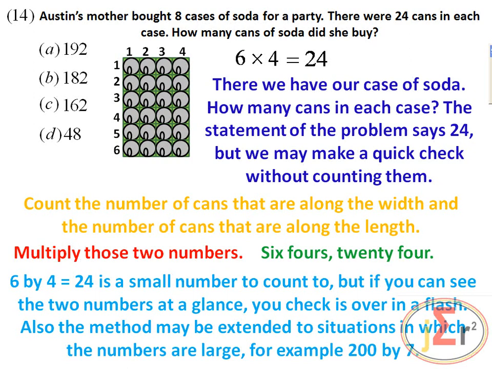As a matter of fact, you will be just counting to 207, but the number of them will be 1,400. So it will take a very much longer time to count to 1,400 than to recognize that it is 200 by 7. Therefore, it is 1,400.